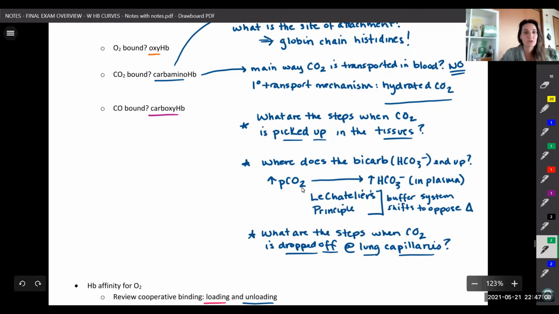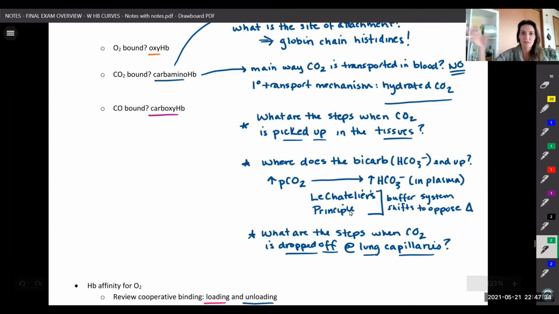The more CO2 we have dissolved in the plasma, the greater our PCO2. The more hydration of that CO2 will occur with our buffering reaction, the greater the bicarbonate concentration we produce in the plasma. And what I'm describing here with that relationship is just a very basic rule for Le Chatelier's principle of how the buffering system works.